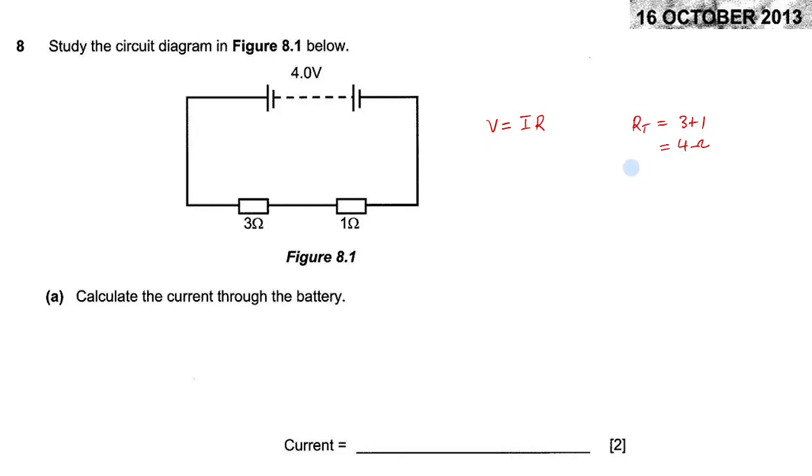Now we make current the subject of the formula, so current is equal to voltage over R total. Voltage is already provided, 4, divided by R total, also 4. So 4 divided by 4 is 1 amp. So current through the battery, which is also through the circuit, is going to be 1 amp.